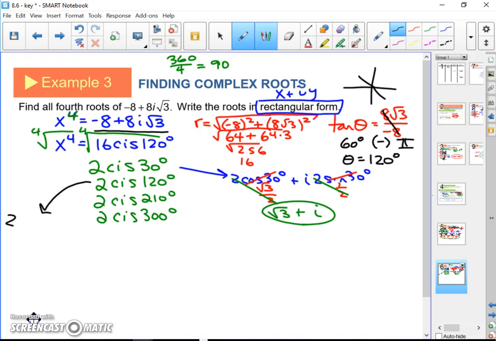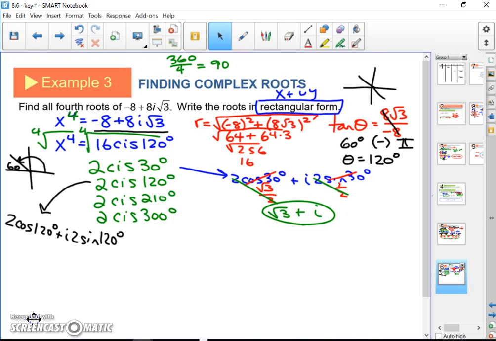We would have 2 cosine 120 plus i times 2 sine 120. Let's think about where 120 is. 120 is a 60-degree reference in the second quadrant. So look at cosine 60. Cosine 60 is 1/2.